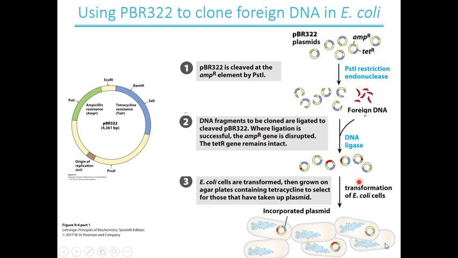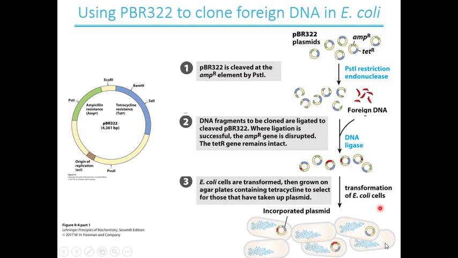The next step is to introduce this recombinant vector into the host organism, or E. coli in this case, and a technique called transformation is used. In the laboratory, small plasmids can be introduced into bacterial cells by a process called transformation. A classic transformation technique is electroporation.